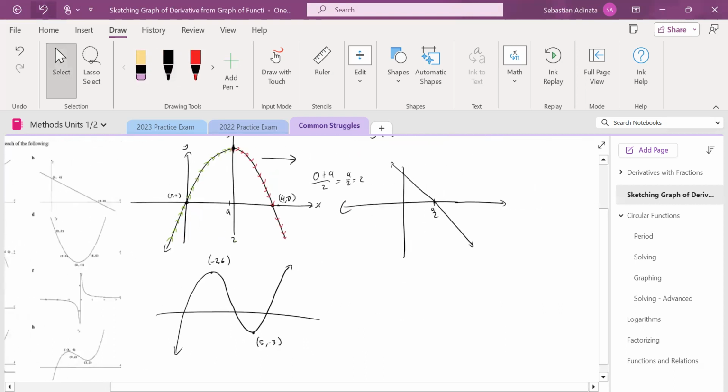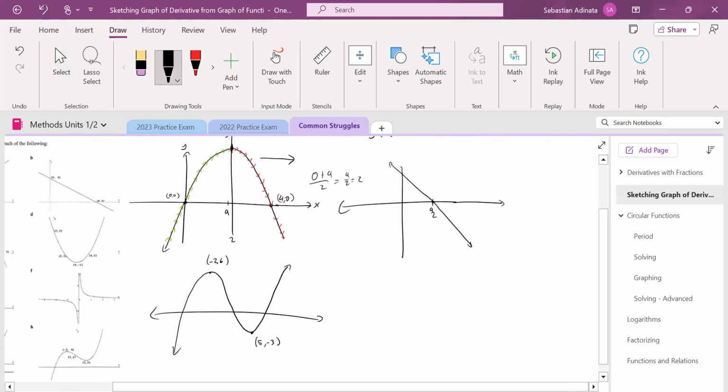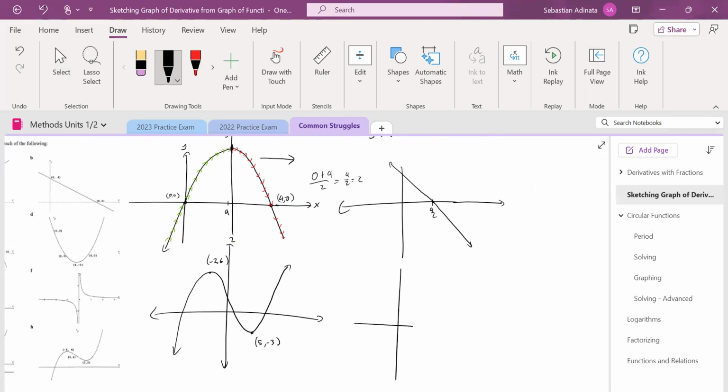So this is what the axis roughly looks like. If this is f of x, we need to find f dash of x.